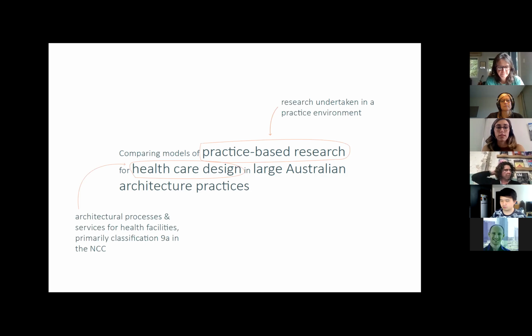Healthcare design is the architectural processes and services for health facilities, primarily under classification 9A in the National Construction Code. And large Australian architecture practices are defined in this thesis as having 2 or more office locations in Australia and over 20 employees. So that's the AACA definition of a large practice.